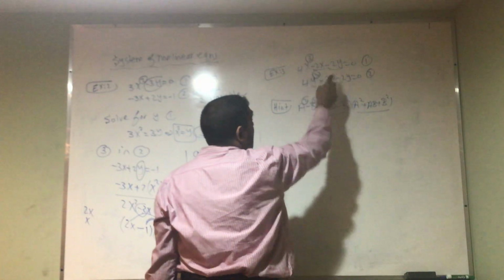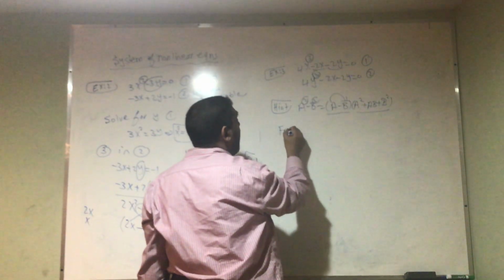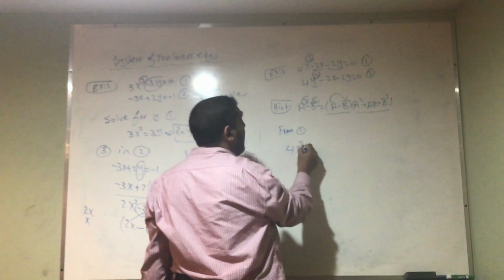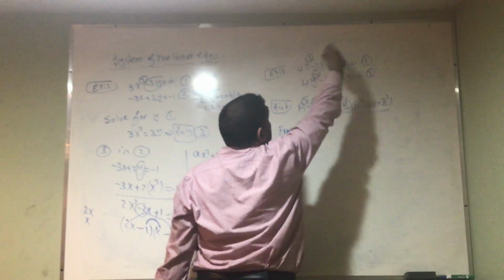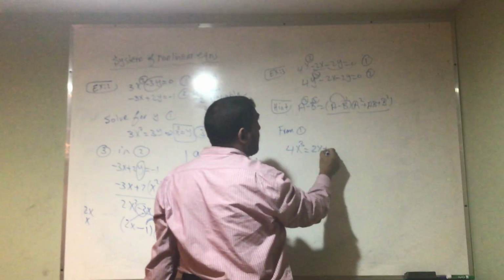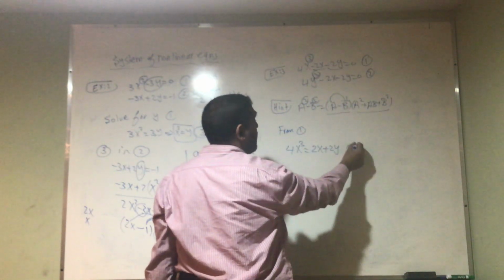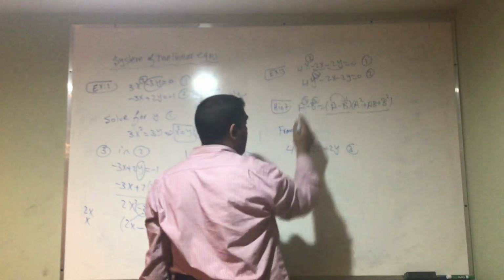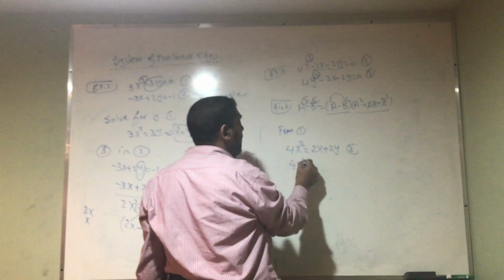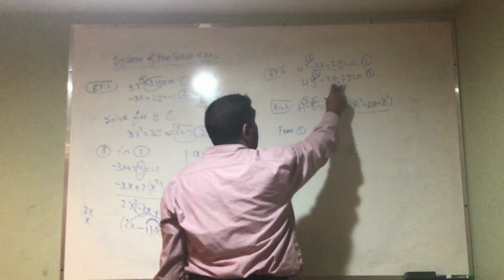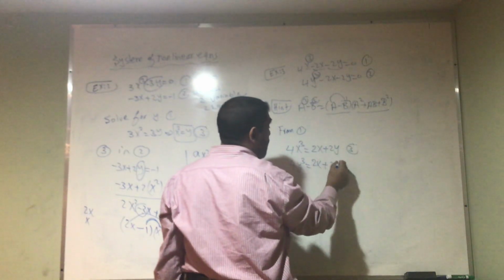Your x equals y. From equation number 1, what do you have? You have 4x cubed equal what? Can I take negative 2x to the right? It becomes 2x. Negative 2y to the right, plus 2y. I call this equation number 3. When I look at equation number 2, what do you have? 4y cubed equal, when I take negative 2x to the right, you have plus 2x. When I take negative 2y to the right, you have plus 2y.